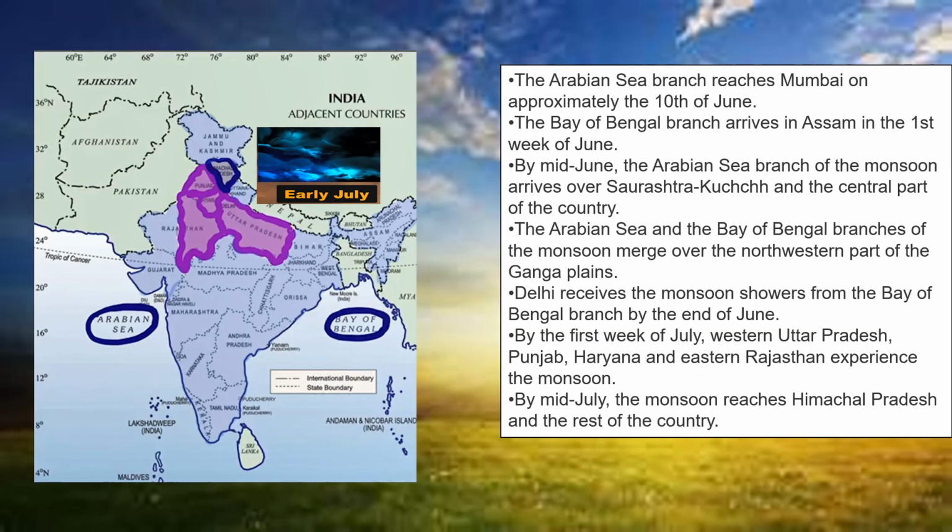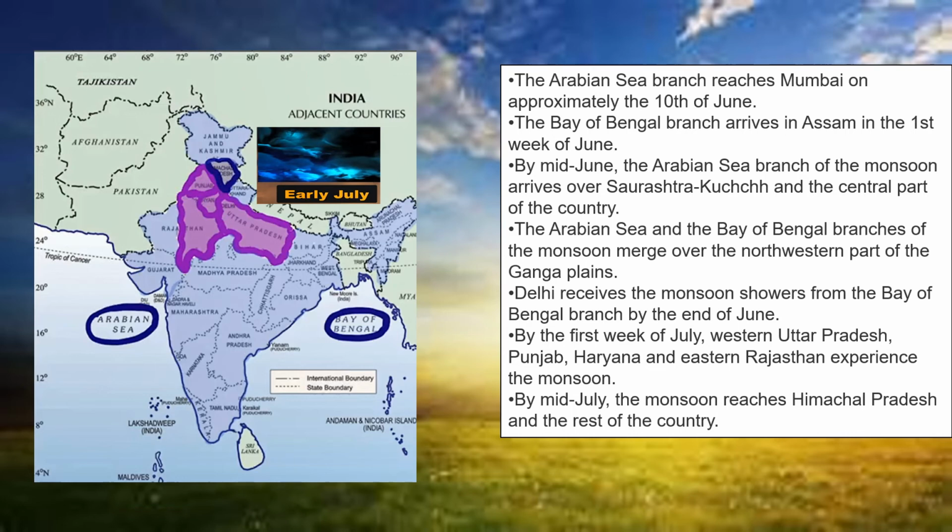Now let's have a quick recap of the southwest monsoon, or the advancing monsoon. The Arabian Sea branch reaches Mumbai by the 10th of June. The Bay of Bengal branch reaches Assam by the first week of June. By the middle of June, the Arabian Sea branch arrives at Saurashtra and central parts of the country. The Arabian Sea and the Bay of Bengal branches merge in the northwestern part of the Ganga plain.